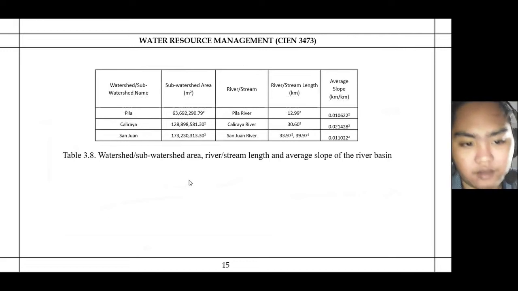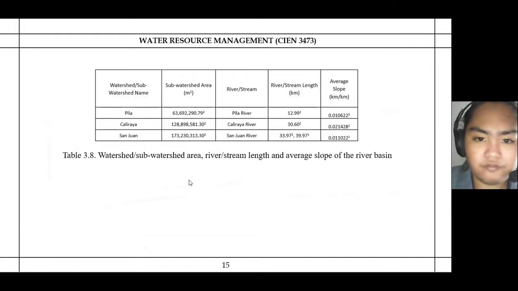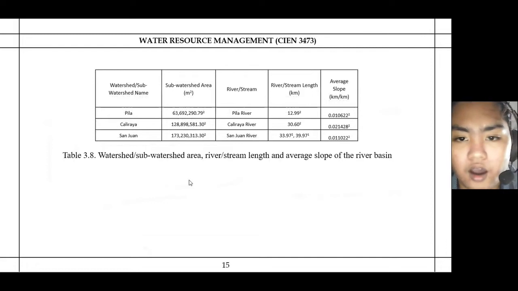Table 3.8, watershed sub-area, river/stream lengths, and average slope of a river basin. This table represents the sub-watershed area, river stream, river length, and average slope of the three sub-basins.